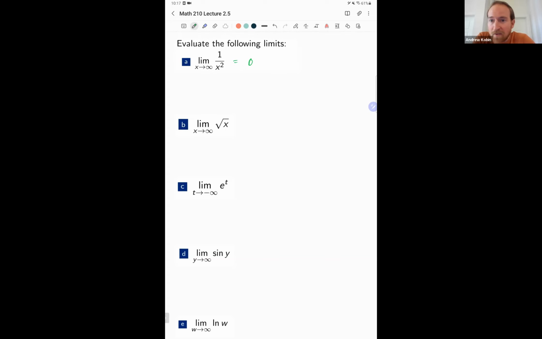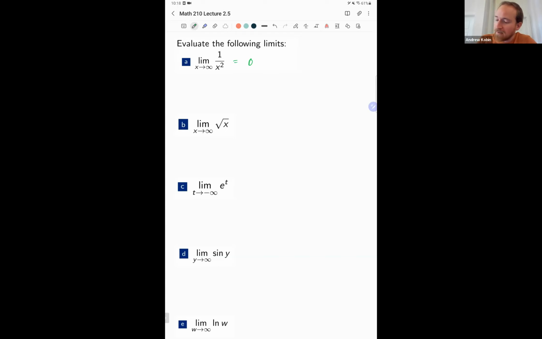The way to interpret this limit in part A is to say that for any small positive value, any decimal that you choose close to 0, you can always find an x value to input into this expression 1 over x squared that's large enough that will make the value 1 over x squared smaller than that chosen decimal number. So that's what a limit means in general. You can always exceed any threshold by choosing large enough values or choosing values close enough to some target.